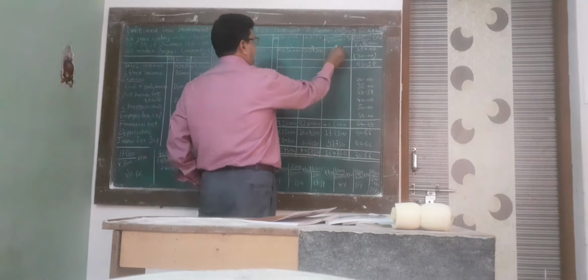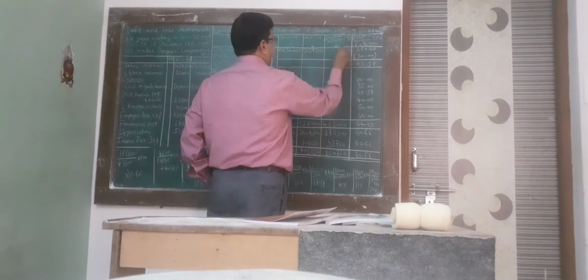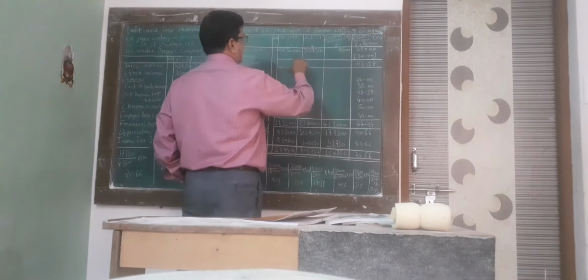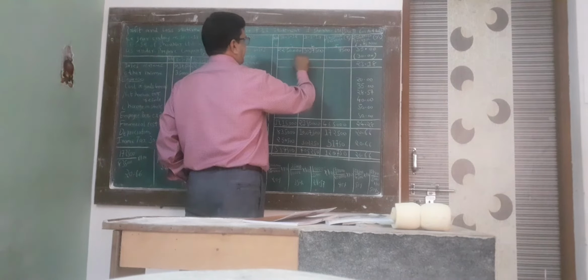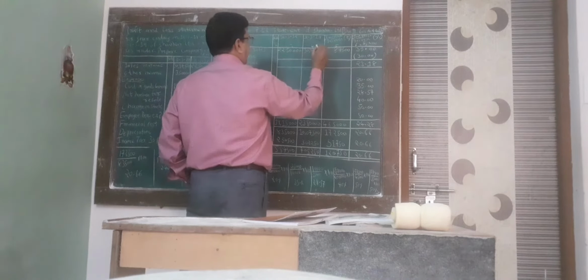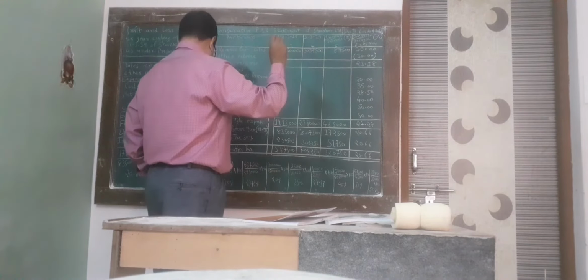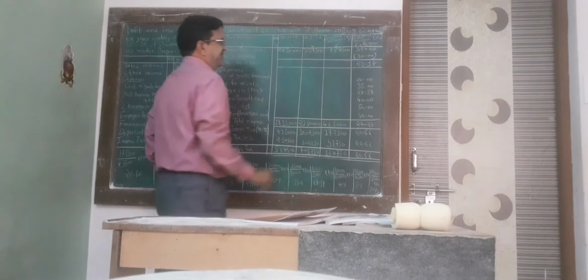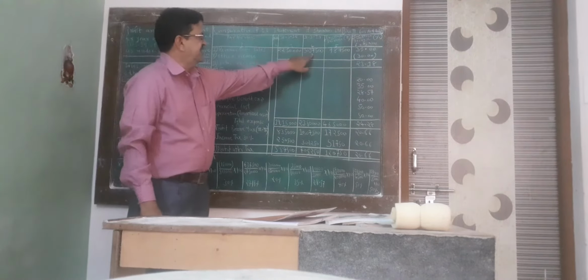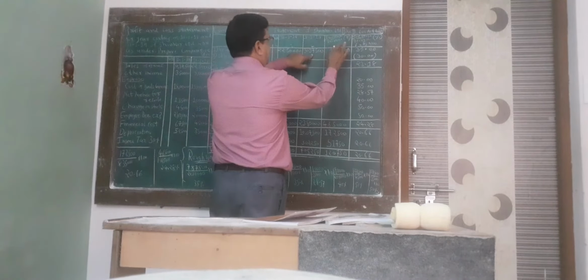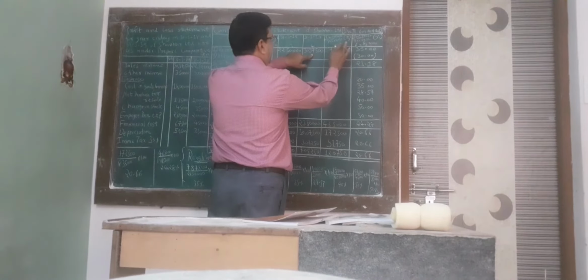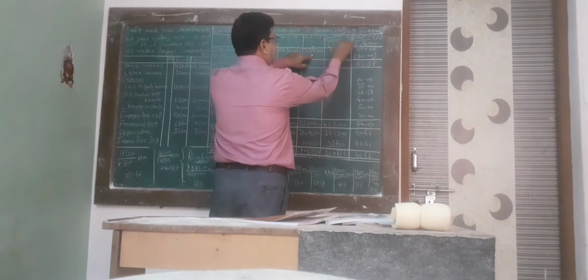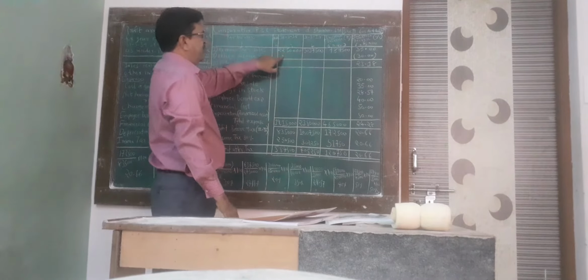So there is an increase in sales of rupees 7,87,500, which is 30 lakh 37,500 minus 22 lakh 50,000.